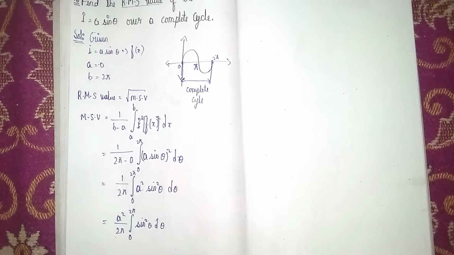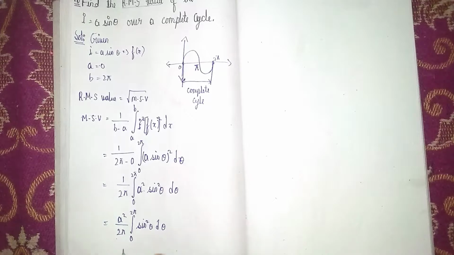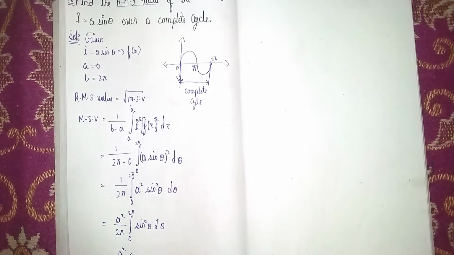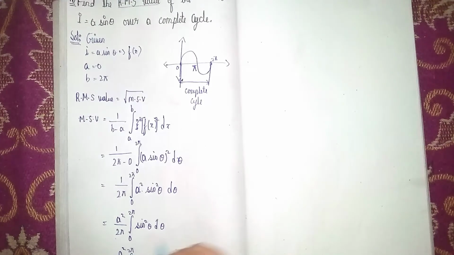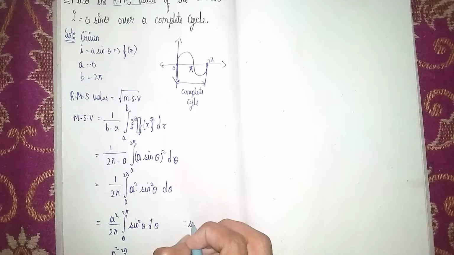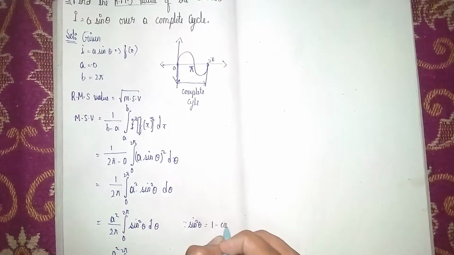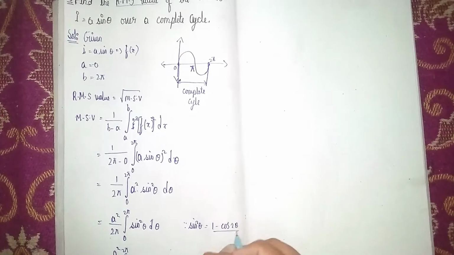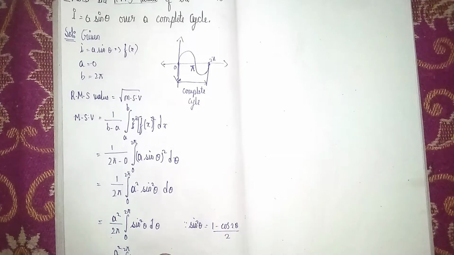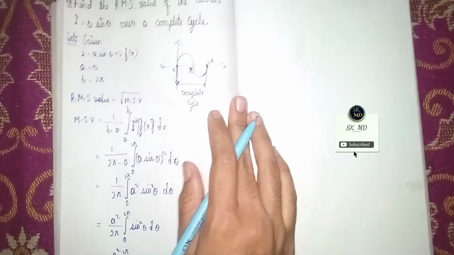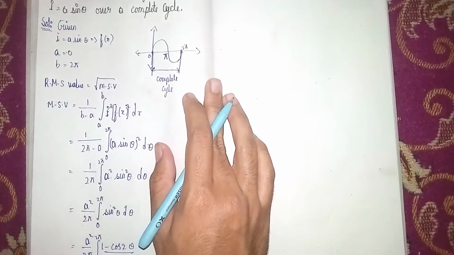In integration we don't have a direct formula for sine square theta, so we write sine square theta equal to (1 minus cos 2 theta) by 2. I am writing the step here so it is better for you to understand.